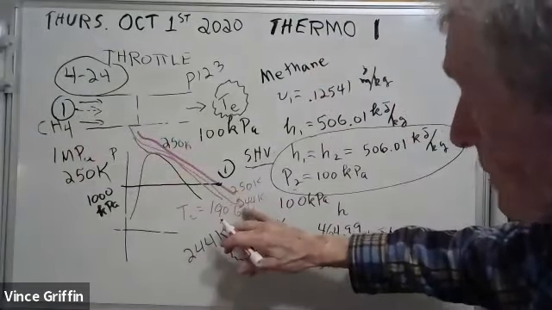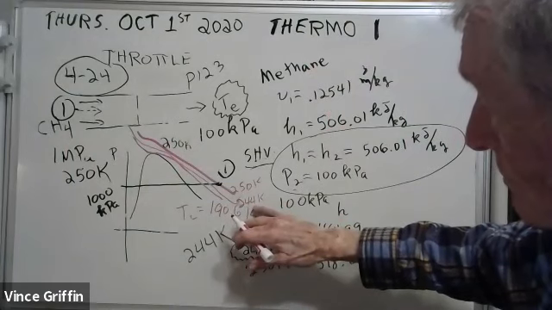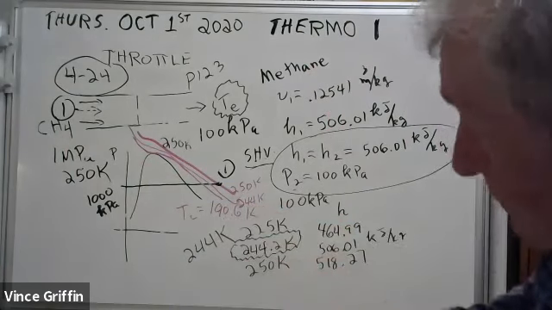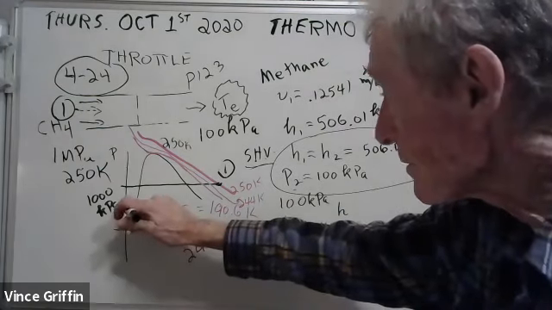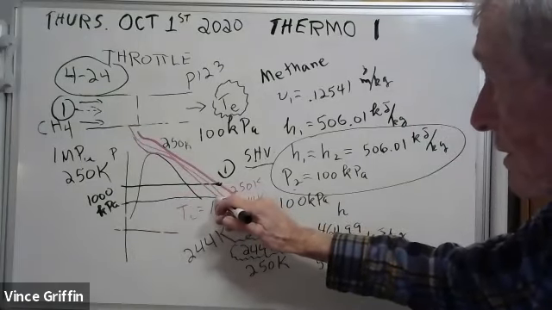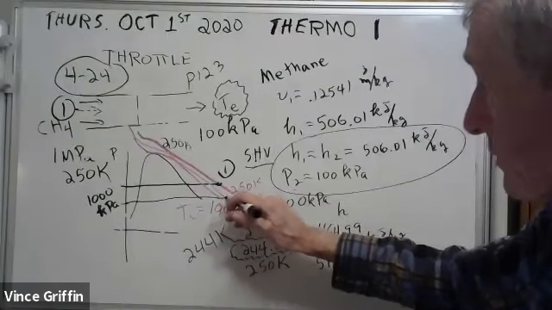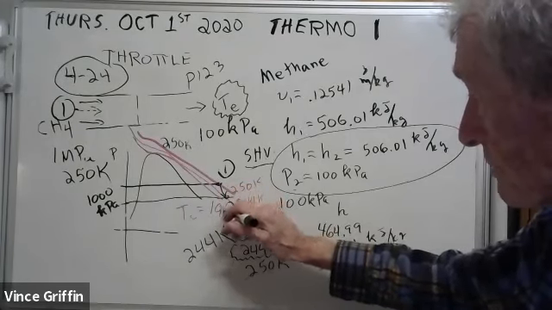It cools off, not much. It only cools off, what, 6 degrees? But it's colder, and the pressure is a lot smaller. The pressure is only 100. So there's your state 2.